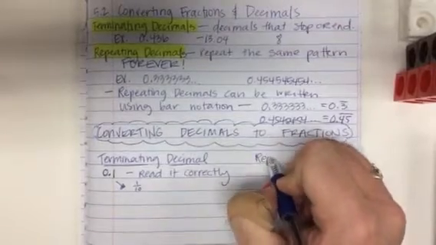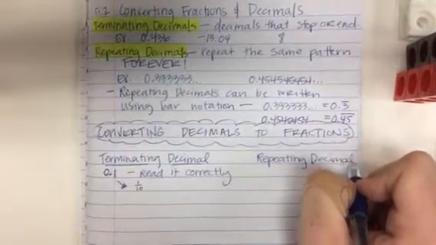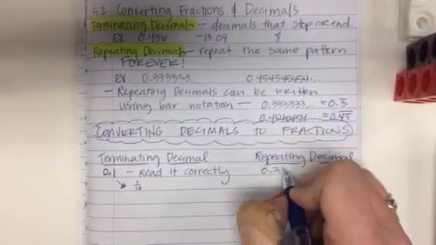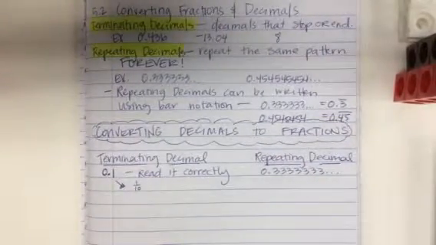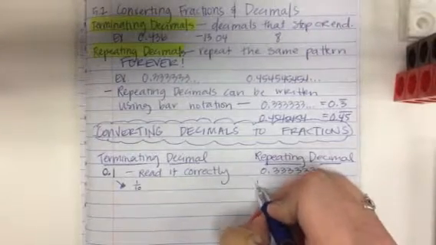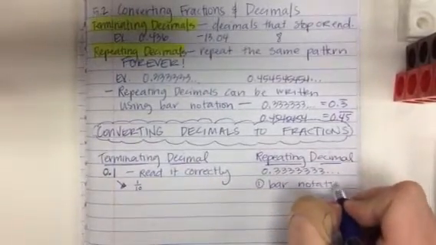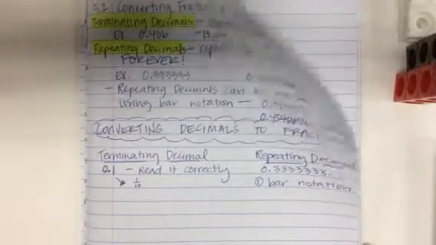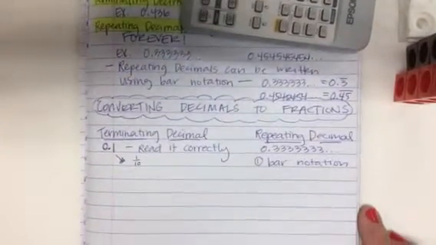If it's a repeating decimal, zero point 3333333..., it's almost as easy. You're going to write it in bar notation.